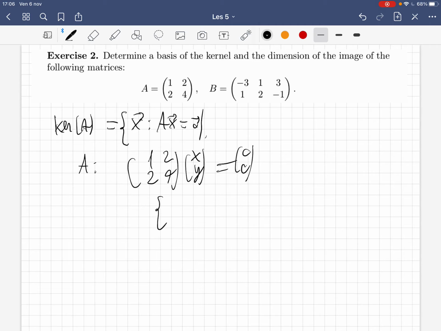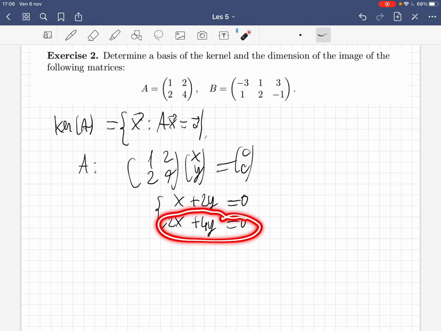You can use Gauss elimination, but they are very easy, so you can also do them directly. So here you see that this equation is actually 2 times that equation. So it's redundant.